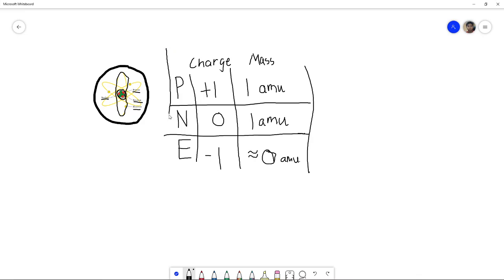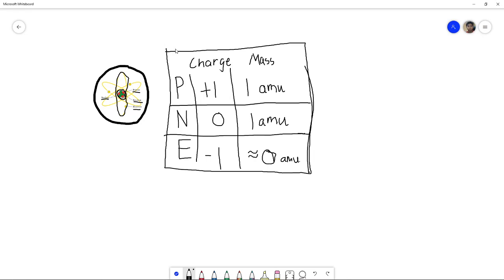So now let's talk about the properties of these subatomic particles. I labeled these subatomic particles as P, N, and E, and they represent protons, neutrons, and electrons respectively. Protons have a charge of +1 and a mass of 1 AMU.